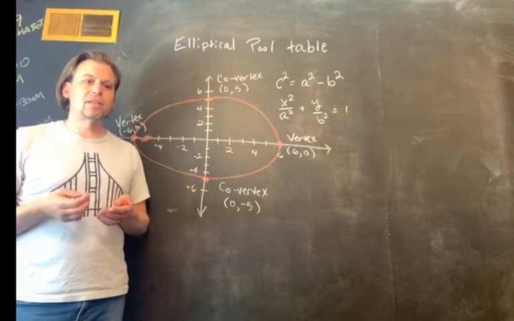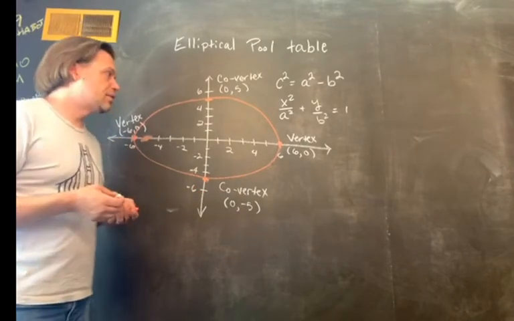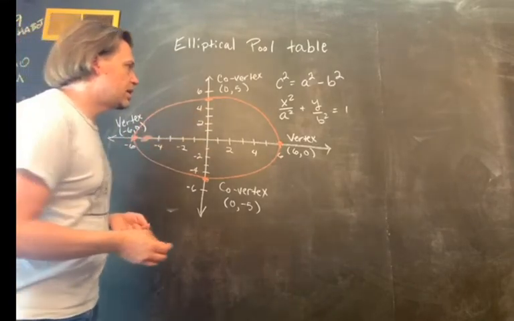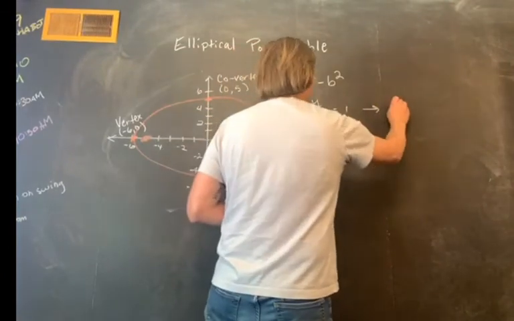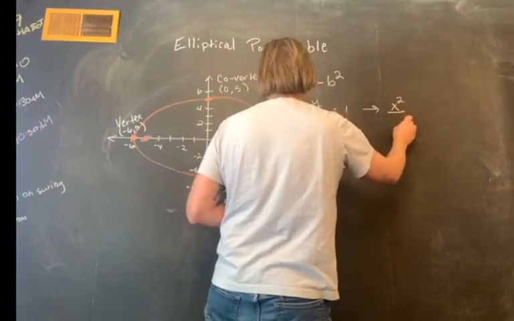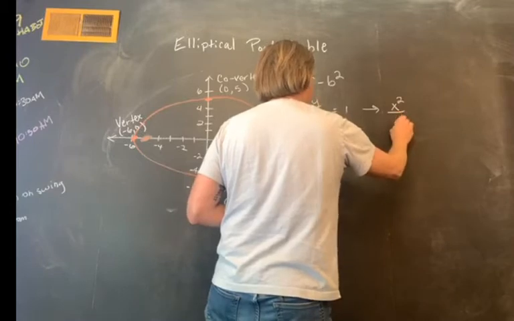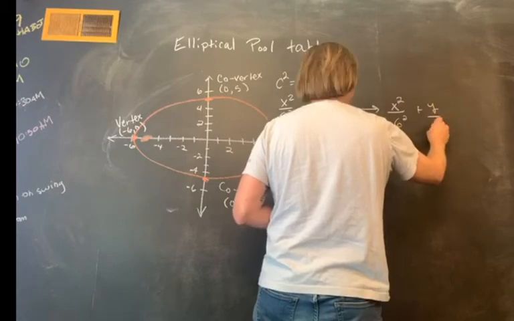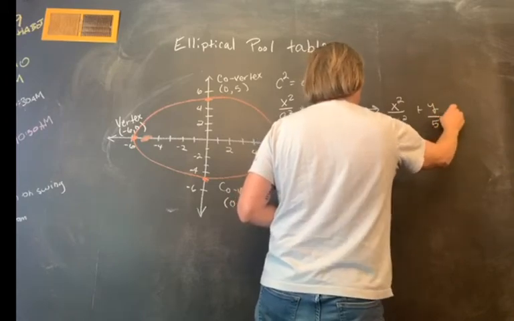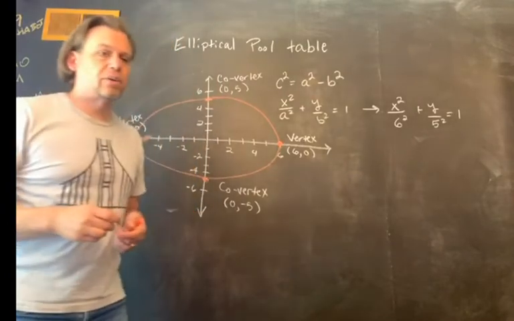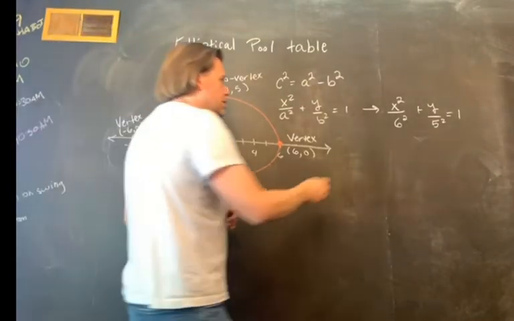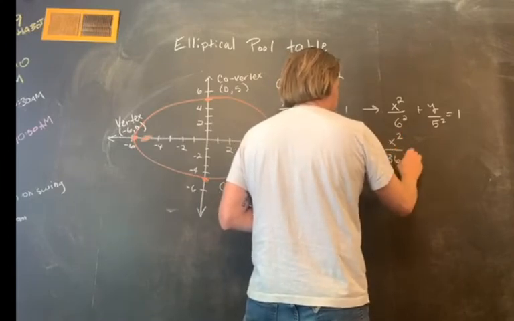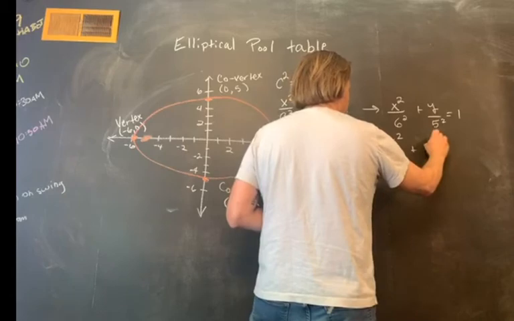So you have all your vertices and co-vertices. That's enough to get the equation right there. Put all this information in, and my equation becomes x squared over a squared, a is 6, so 6 squared, plus y squared over b, b is 5, so 5 squared. So there's my equation. Then I could square those things, and I get x squared over 36 plus y squared over 25 equals 1.